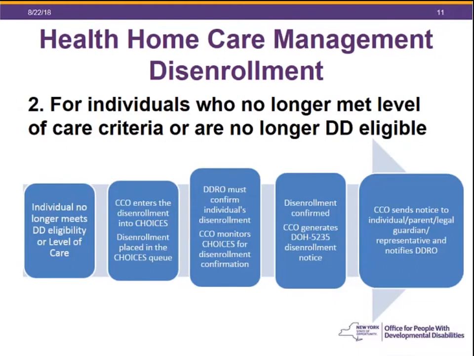The DDRO will continue that process, and the CCO monitors CHOICES for disenrollment confirmation. Once the disenrollment is confirmed, the CCO may generate the DOH 5235 disenrollment notice. Again, that disenrollment notice is sent to the individual, parent, legal guardian, or representative.